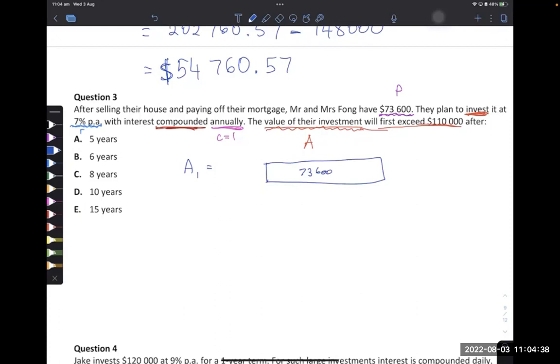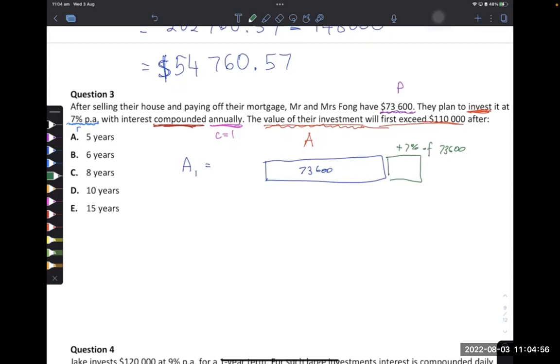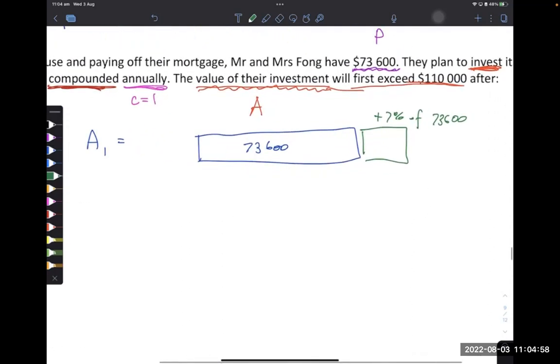All right. At the end of the first year, though, you gain 7% interest, right? So this is green money. This is like add-ons, right? You add on 7% of. Does this make more sense visually? If I draw it out like that?